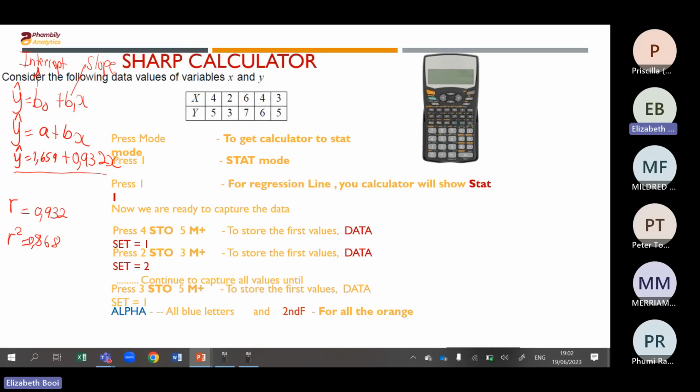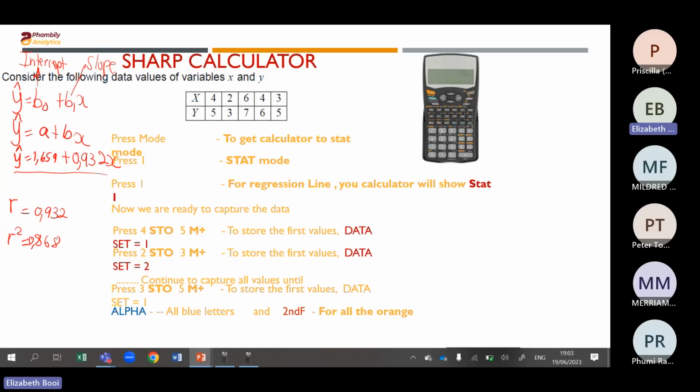So let's interpret. With a slope of 0.932, for every one additional unit increase in the value of x, there will be a 0.932 increase in the value of y. Our r is 0.932, so therefore it's positive.